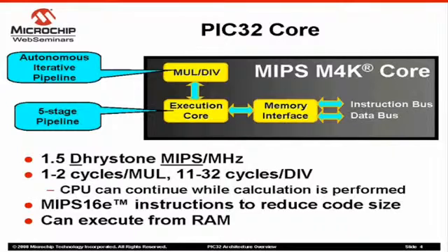The MIPS Technologies rates its M4K core at 1.5 Dhrystone MIPS per megahertz. As a microcontroller user, you should be more interested in knowing the Dhrystone performance of the entire chip, that is, core and the microcontroller memory system put together.